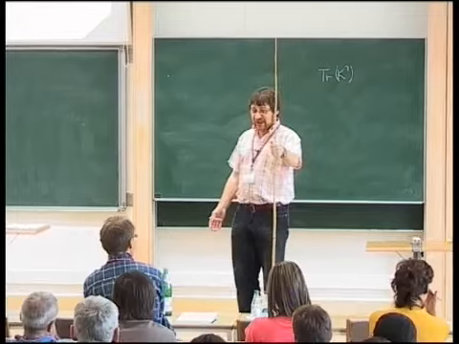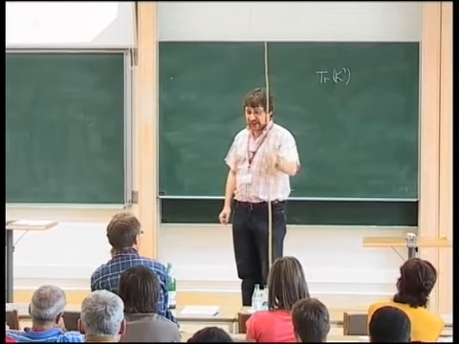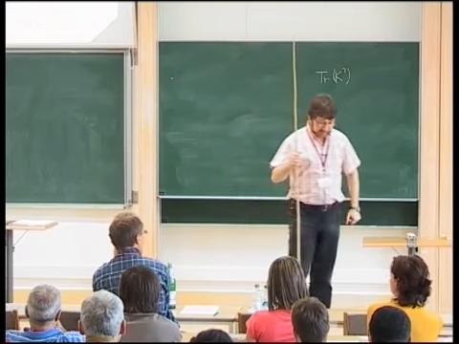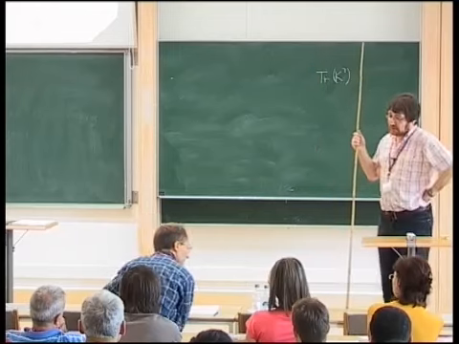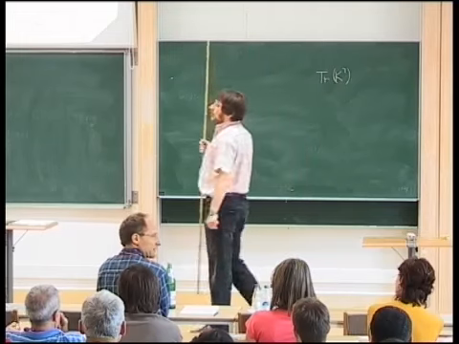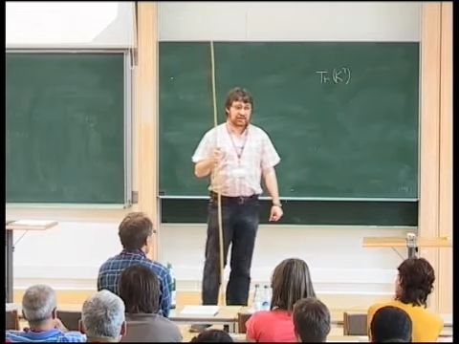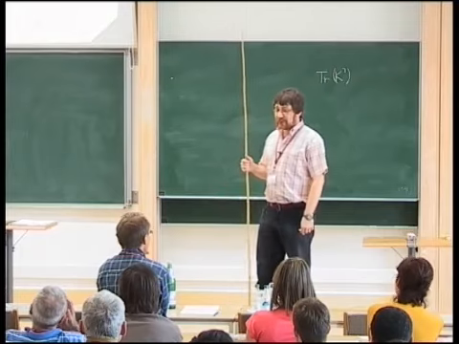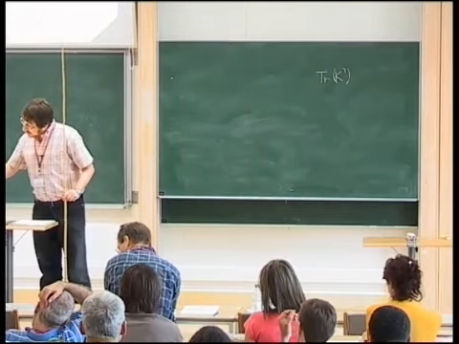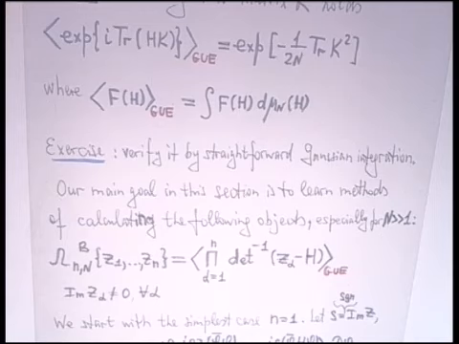And maybe warn the audience that later this formula will be used in a setting where the matrix elements of this matrix K are taken from a commutative algebra. Yes, any commutative algebra, that's correct. Indeed. Okay.